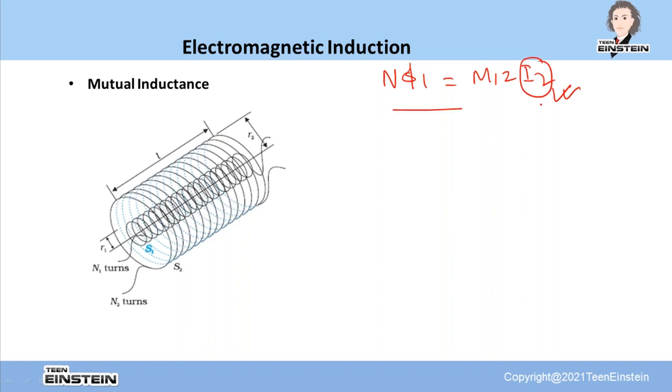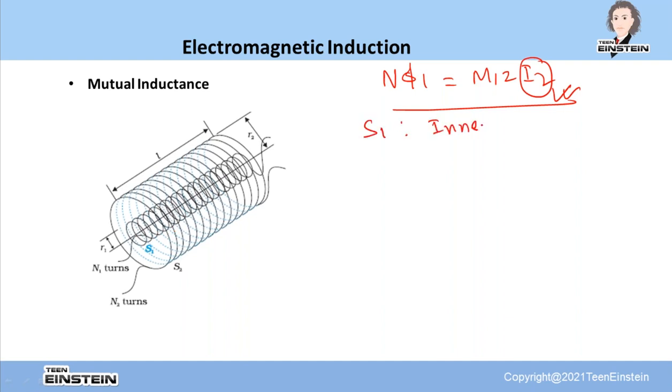Okay, this is the meaning of this. So I am taking two coils, actually two solenoids as two coils. Solenoid 1, which you can see, is copied from your NCERT textbook. So S1 is the inner solenoid.